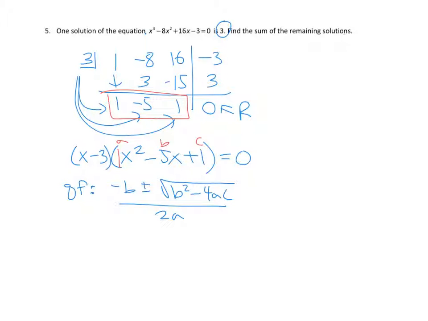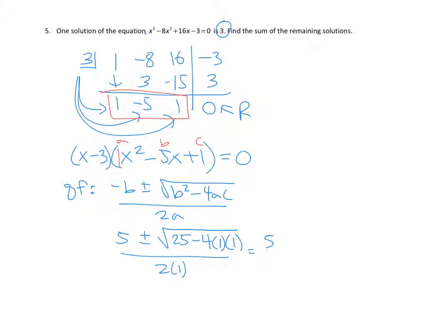So we get the opposite of b, the opposite of -5 is +5, plus or minus the square root of b squared, -5 squared is 25, minus 4 times a, which is 1, times c, which is 1, over 2a, which is 1. And we simplify that.